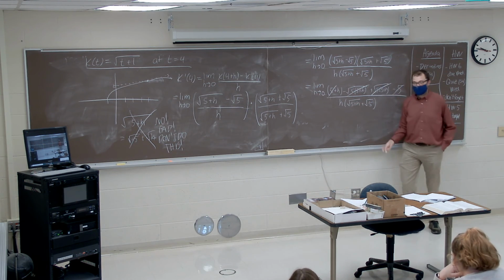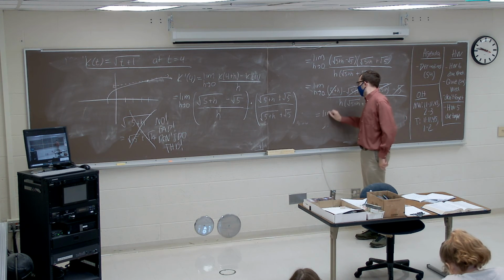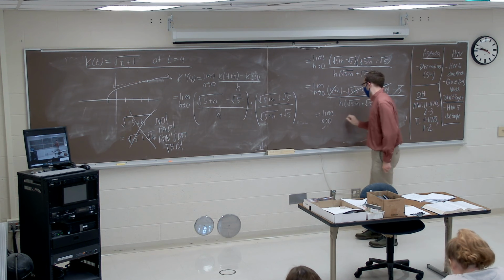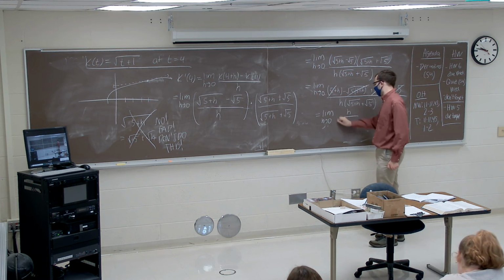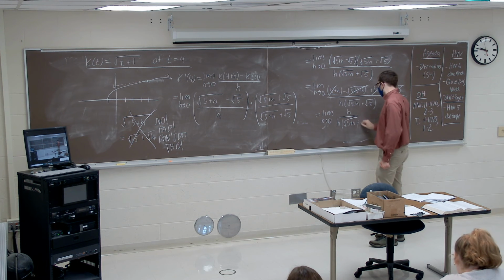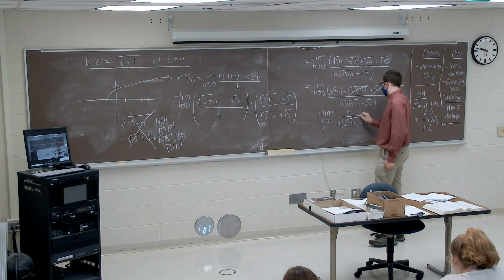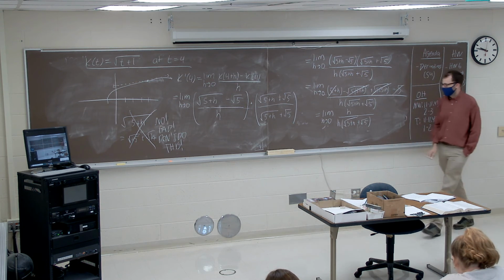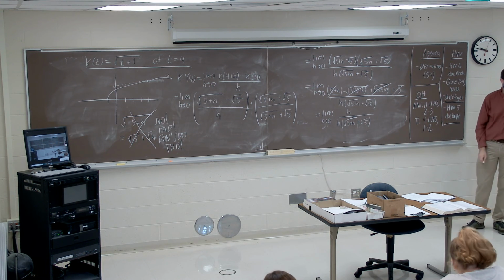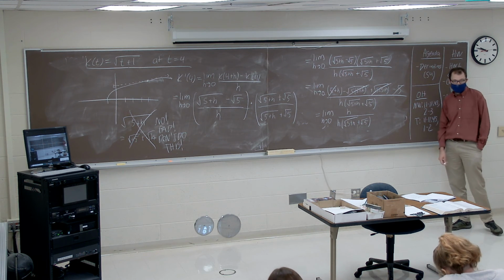This just comes out to the limit as h goes to 0 of just h divided by h times the quantity square root of 5 plus h plus square root of 5. Okay, so the numerator actually canceled out pretty nicely. Yeah. Now you can cancel out the h's.